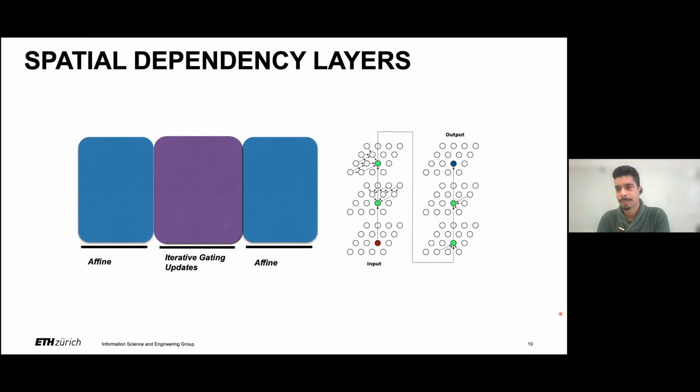Sorry. So I think you're saying that in one of these SDN layers, it has a receptive field over the whole image, because you have to transport all this information through the pixels in a recurrent setting.